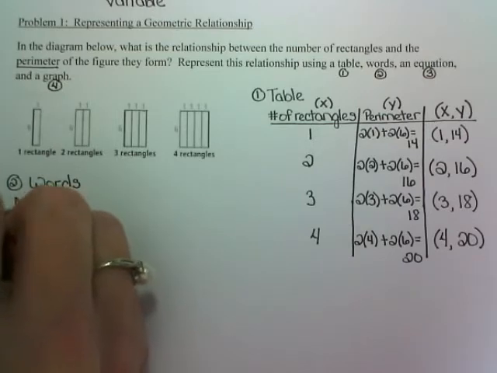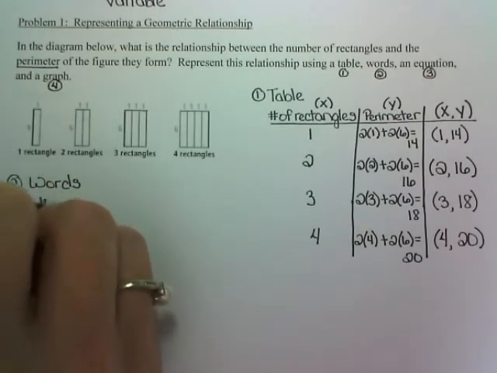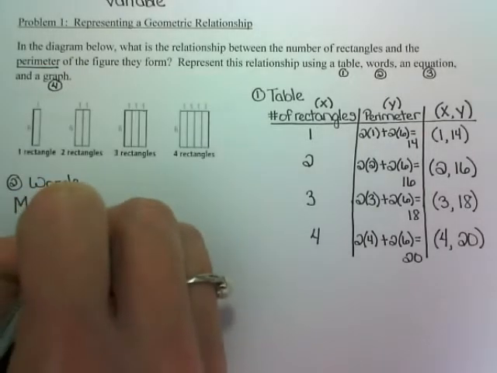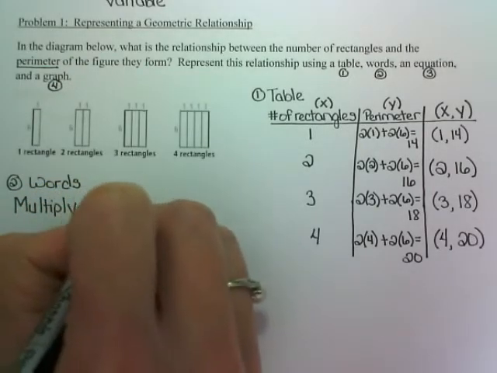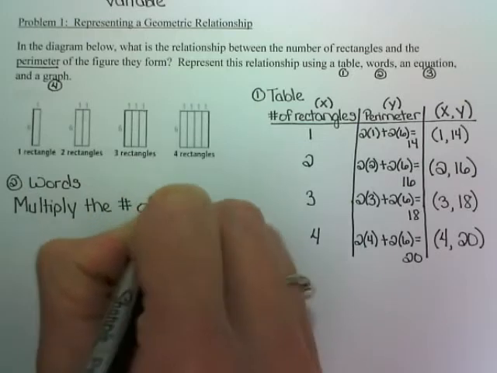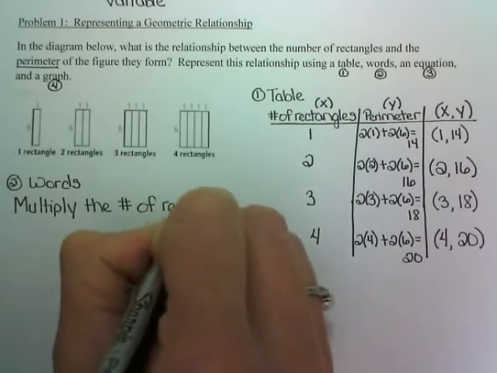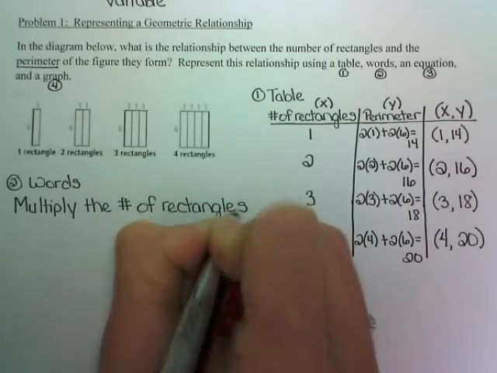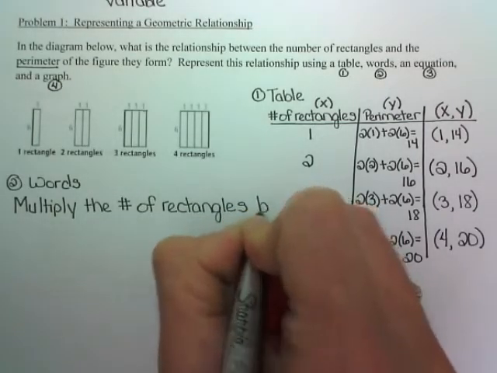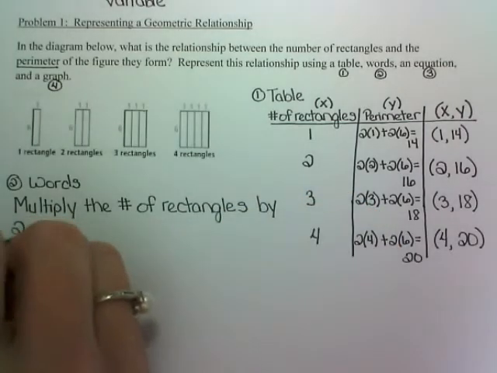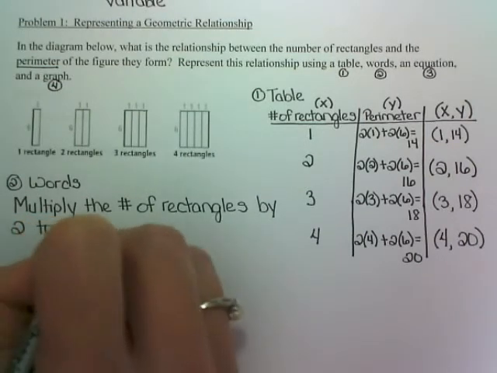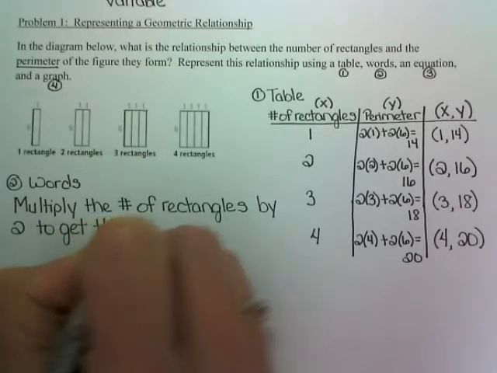So we're going to multiply the number of rectangles by 2, and that's going to get the total length.